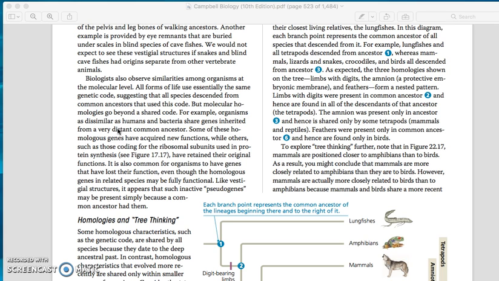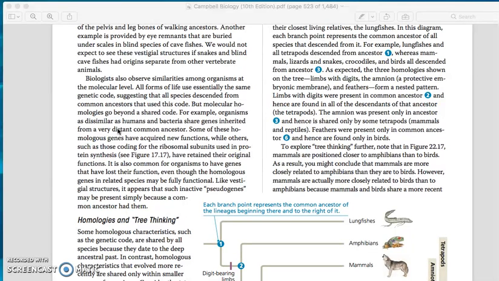Biologists also observe similarities among organisms at the molecular level. All forms of life use essentially the same genetic code, suggesting that all species descended from common ancestors that used this code. But molecular homologies go beyond a shared code. For example, organisms as dissimilar as humans and bacteria share genes inherited from a very distant common ancestor. Some of these homologous genes have acquired new functions, while others, such as those coding for the ribosomal subunits used in protein synthesis, have retained their original functions.